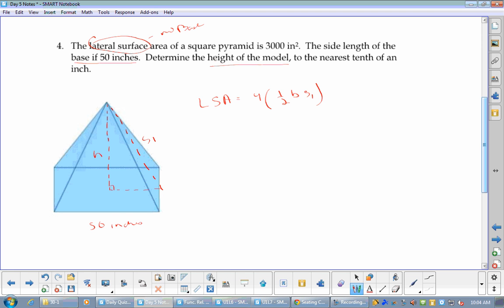Can I say that? Or I should say LSA. The lateral surface area should be 4 times base of the triangle. Now we're going to call this base, okay? Is that true? What is this? That's my hypotenuse, is it not, of this?